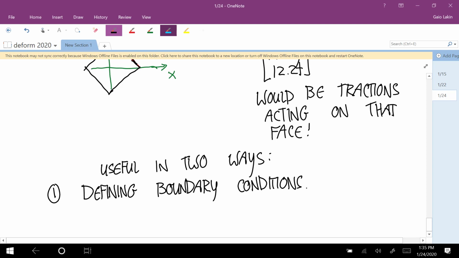We won't use this, but this is the kind of stuff that you do in continuum mechanics.